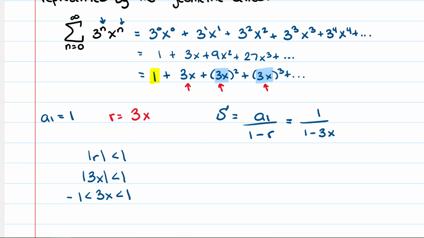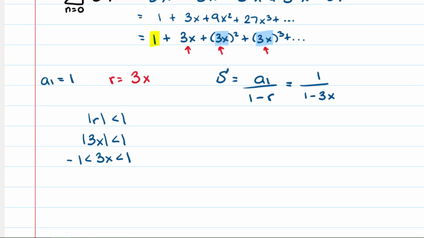And now basically you just solve for x. So I divide everything by 3. And I get negative 1/3 is less than x, which is less than 1/3. And we call this the radius of convergence. So this series will converge as long as x is between negative 1/3 and 1/3. If x is 5 or 10 or even 1, then this series will not converge.